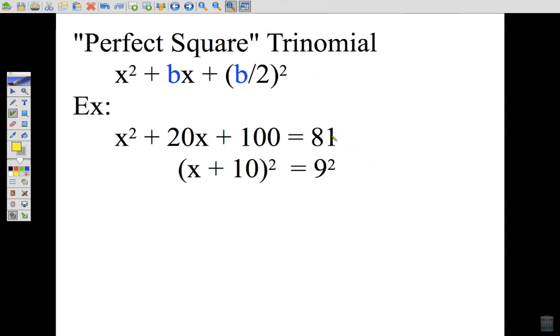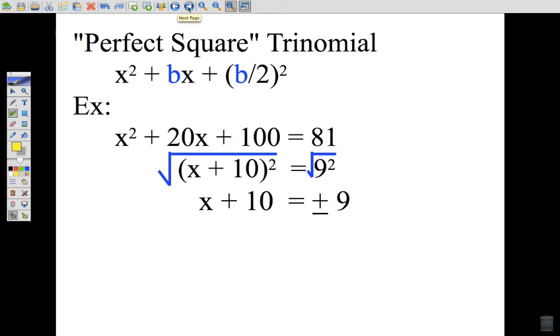81 is 9 squared. If we're going to solve this for x, and x is inside of parentheses, it's being squared, we will need to square root the left side and square root the right side. Remember squaring and square rooting? They cancel out each other. So the left side becomes an x plus 10, and the right side becomes plus or minus 9.